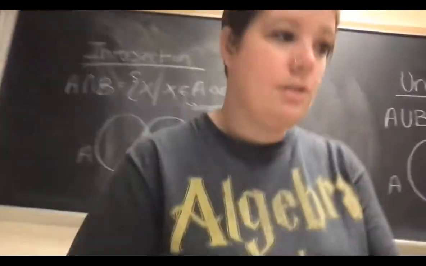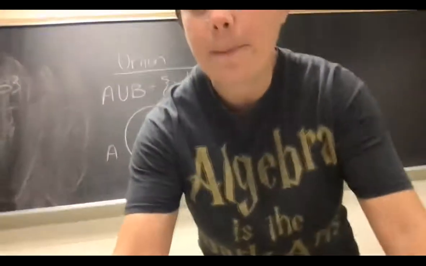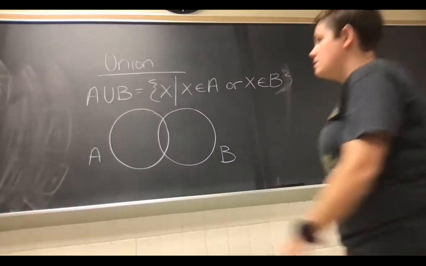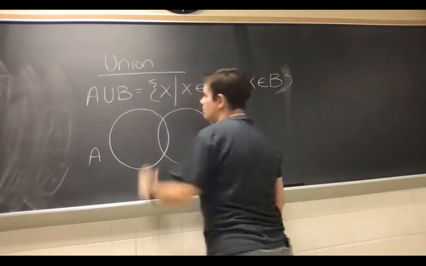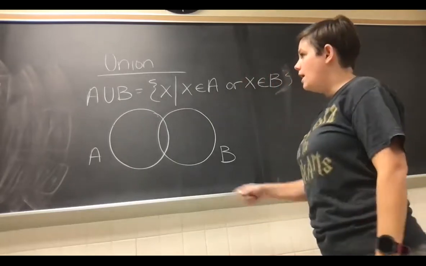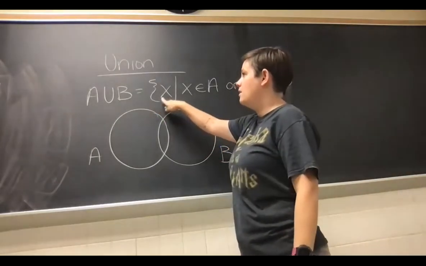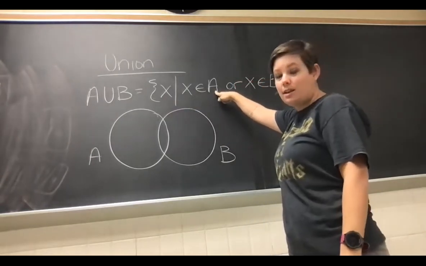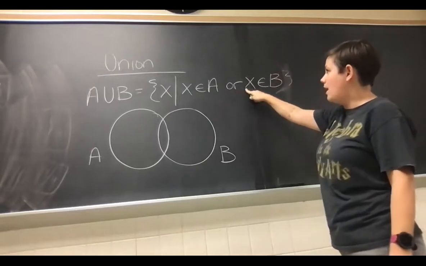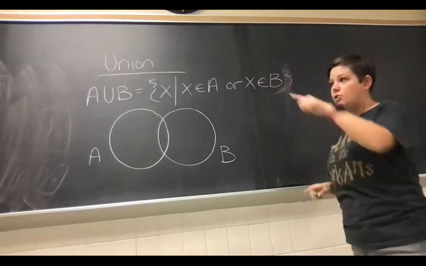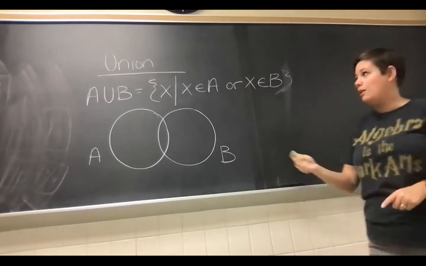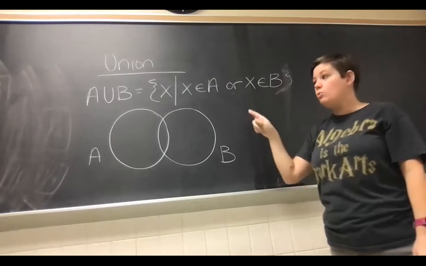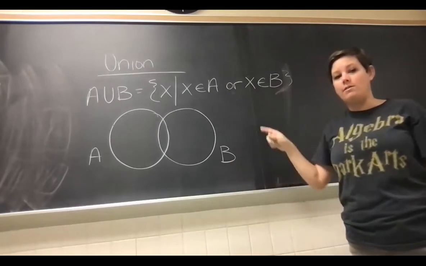There's another distinction called the union. This is A with a U, B, A union B. And that is the set of X such that X is an element of A, so X is in A, or X is an element of B. So to be in the intersection, it said X had to be an element of A and X had to be an element of B. But for union, you only have to be a member of one of the sets.